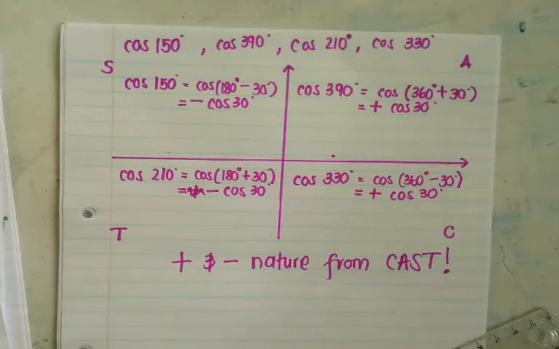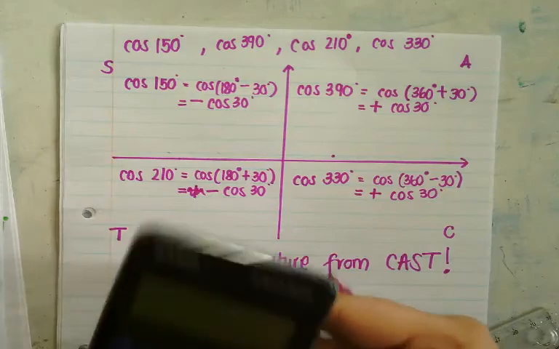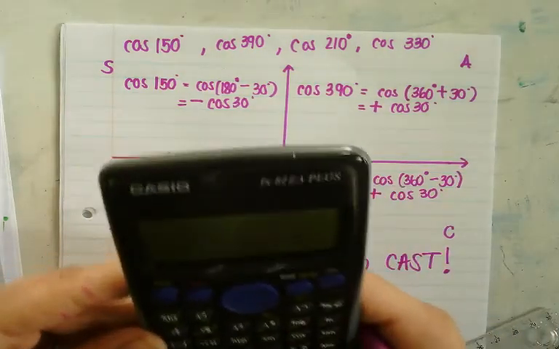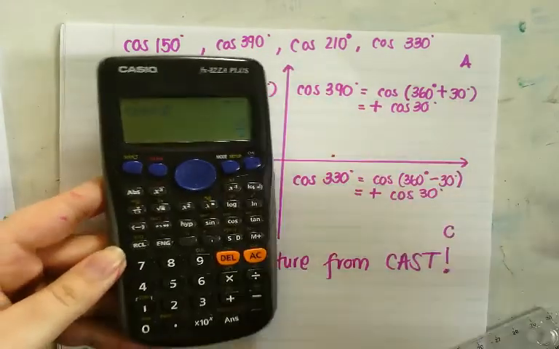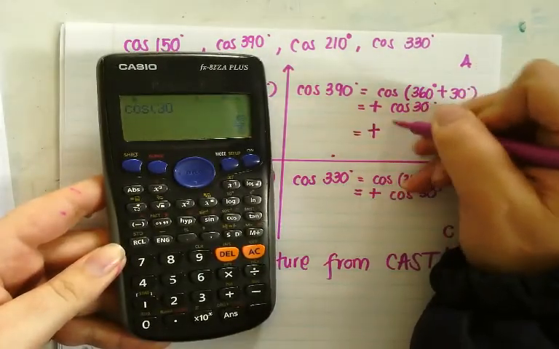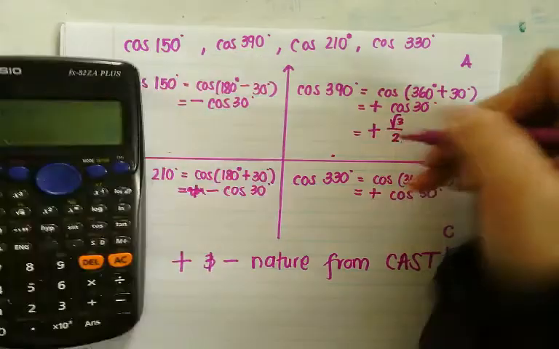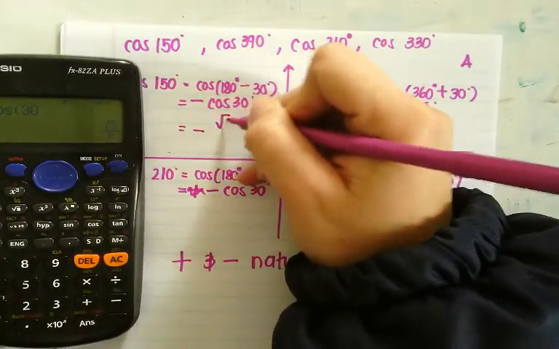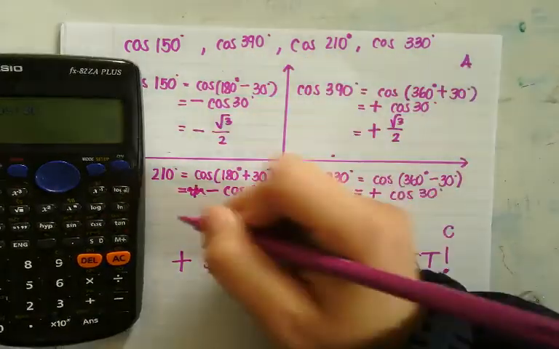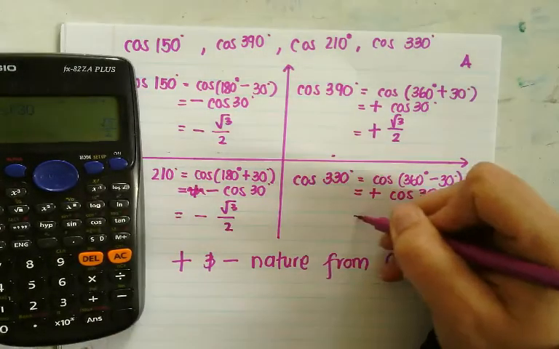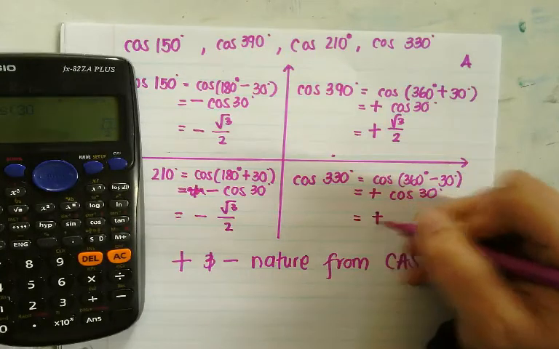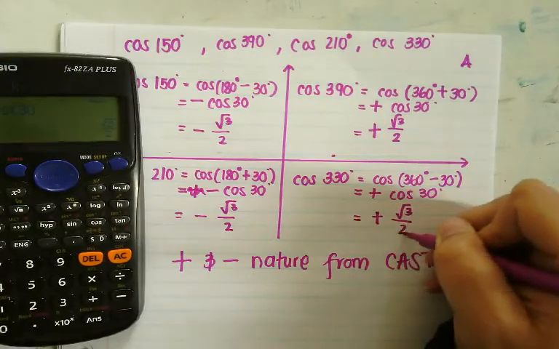Now I just need to find cos 30 once. Calculate. It's a special angle which we will learn, but cos 30 is square root 3 over 2, positive square root 3 over 2, negative square root 3 over 2, negative square root 3 over 2, and positive square root 3 over 2.